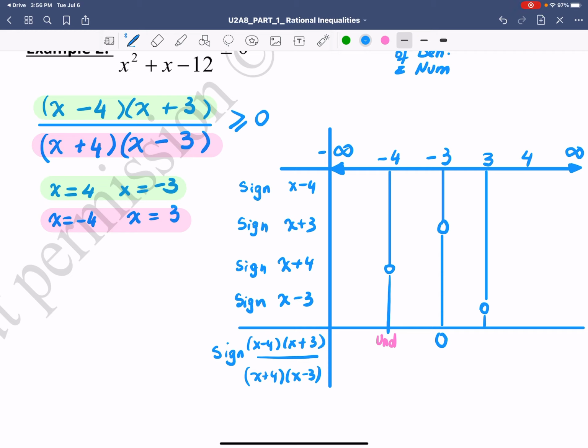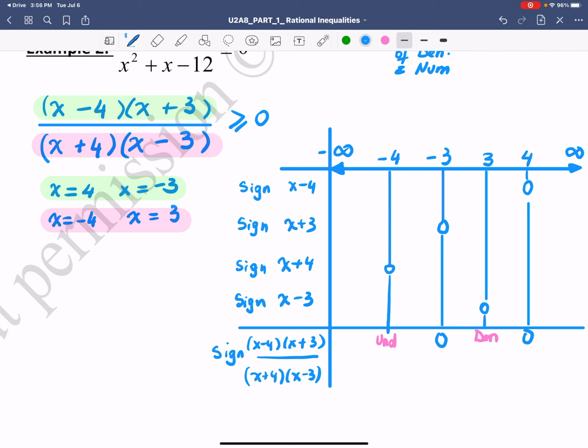And the 0 in the denominator will make the rational expression undefined. And last but not least, x equals 4, which is the 0 of x minus 4, which is in the numerator. And that will also make the rational expression equal to 0.